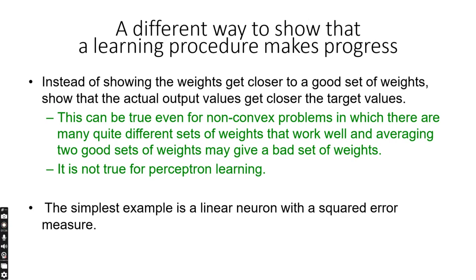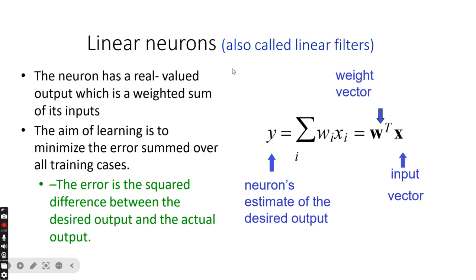This can be true for non-convex problems, where averaging two good sets of weights may give a bad set of weights, but it is not true for the perceptron learning procedure. So for a simple example, we can use the linear neuron with a squared error measure. Then we can understand the linear neuron.